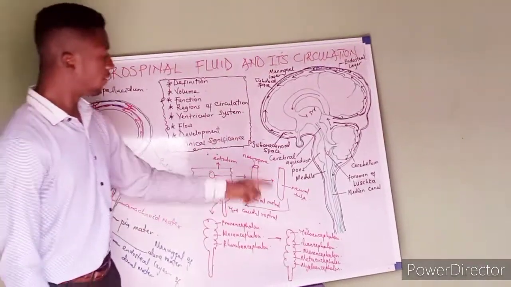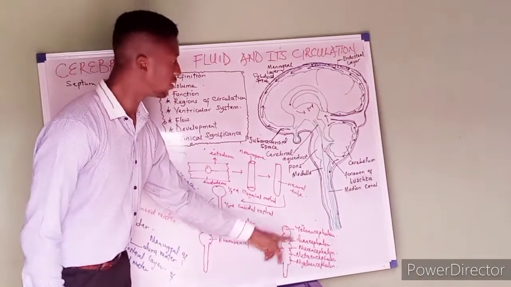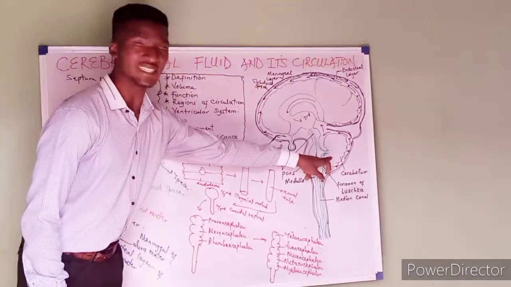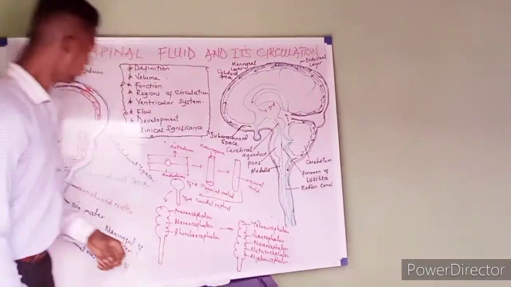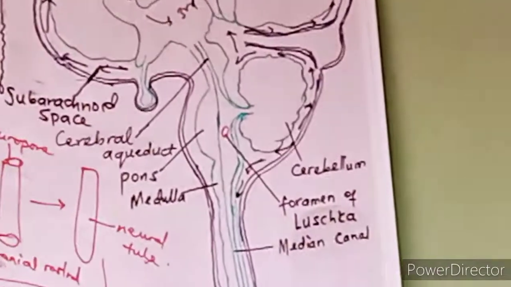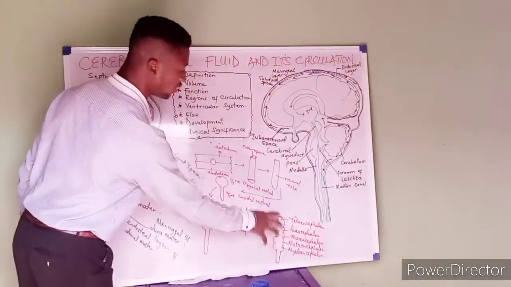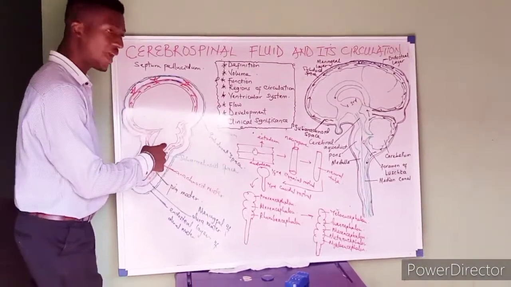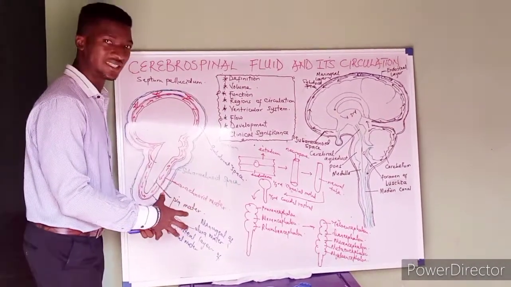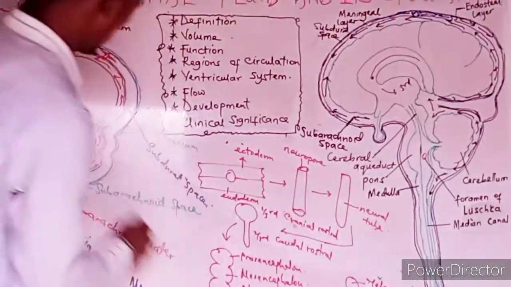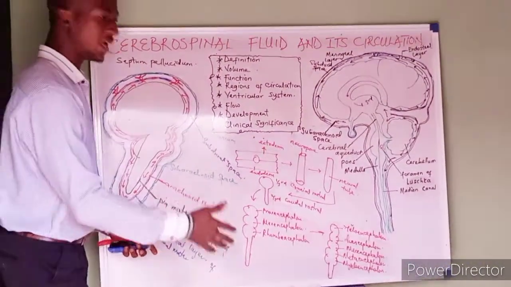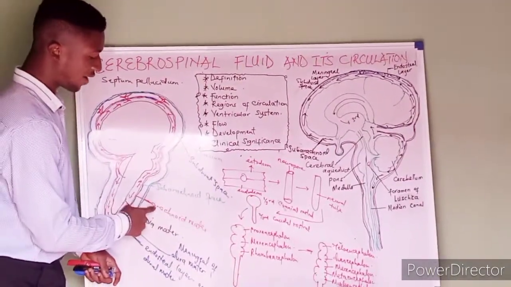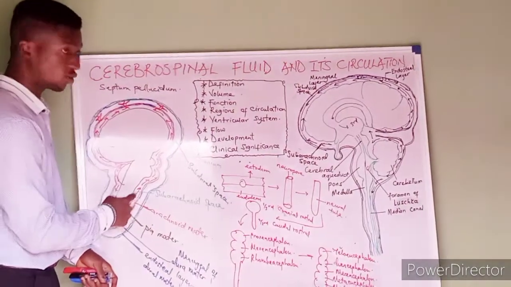From this metencephalon, you now have a backward swelling which forms the cerebellum. Around each of the swellings, you have a particular layer. What is this layer? The pia mater, which attaches itself close to the particular swelling, while there is another layer that separates from this swelling, which is called the arachnoid mater, creating the subarachnoid space.